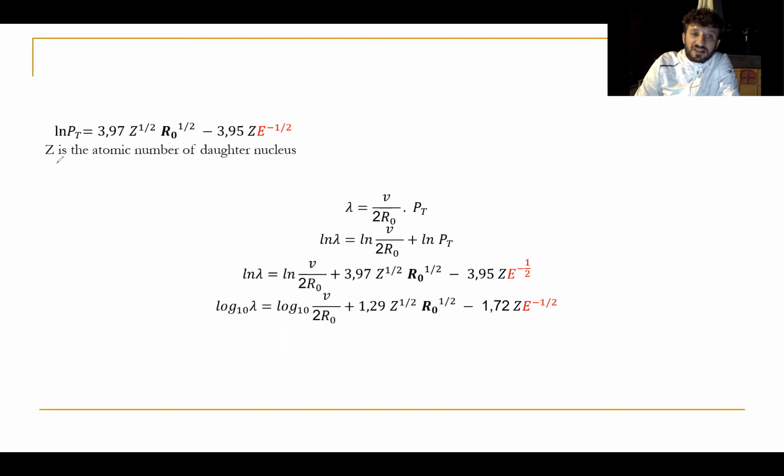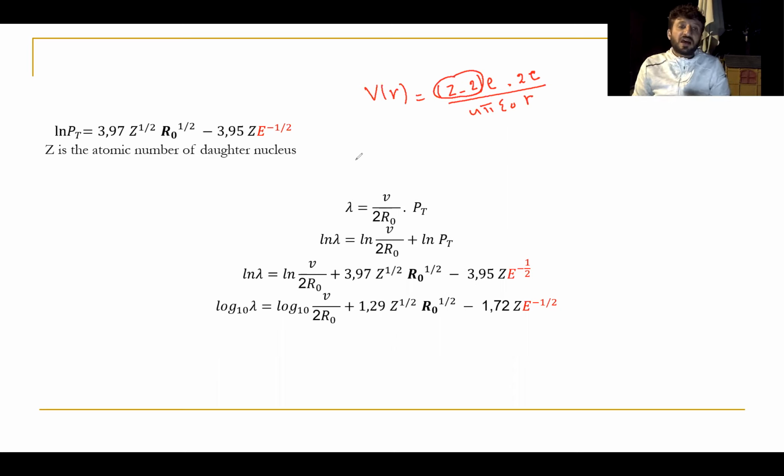When we have V of R, initially we have Z minus 2 times e times 2e divided by 4 pi epsilon 0 R. Z minus 2 is the atomic number of the daughter nucleus.